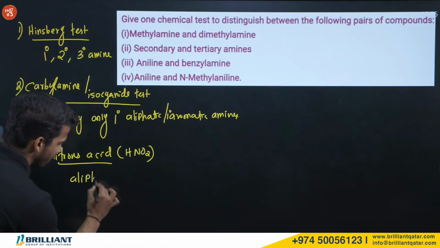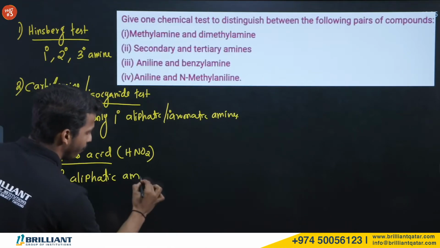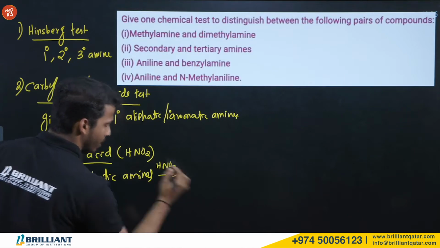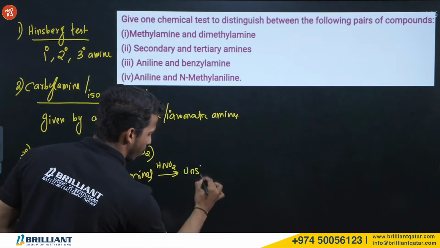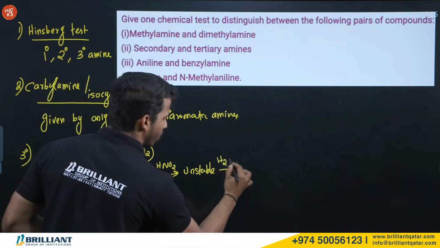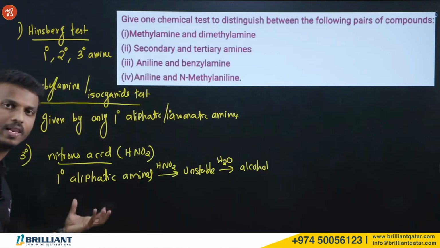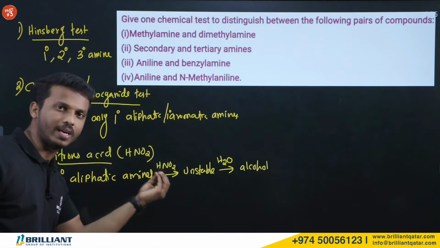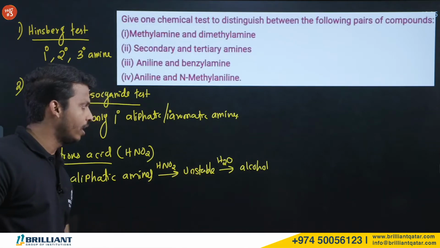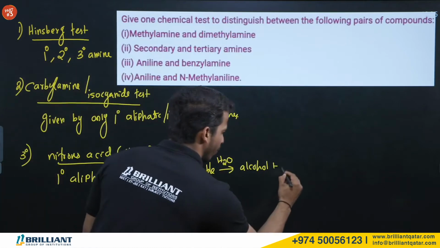Aliphatic amines, especially primary aliphatic amines, when treated with HNO2, will give an unstable diazonium salt. Immediately it reacts with water and gives you alcohol with the evolution of nitrogen gas.